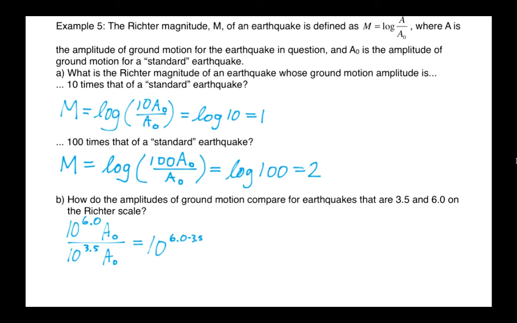The 6 minus 3.5 gives us 2.5. And 10 to the 2.5, if you evaluate that with a calculator, you get approximately 316.